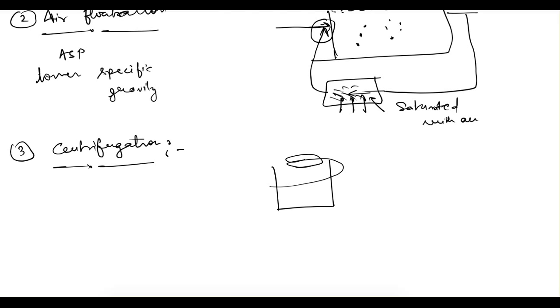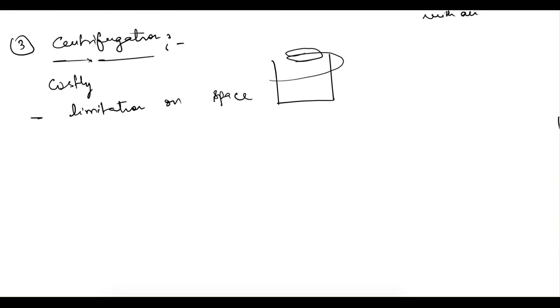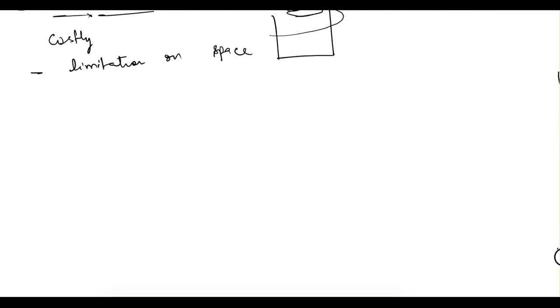But this method is costly, so it is only used when there is a limitation on space. That is how sludge thickening is done. And then after sludge thickening, the next step is sludge digestion.